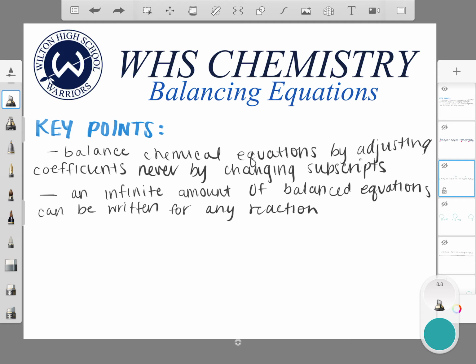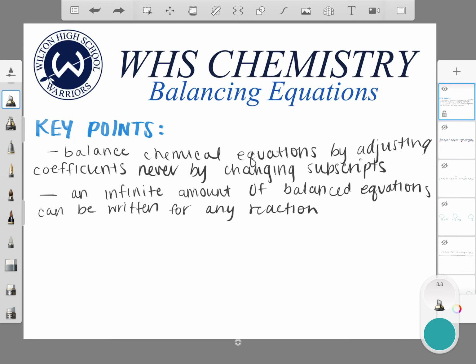The subscripts are only used to make the compounds neutral in the very beginning when you write it out for the first time. And another point is that there are an infinite amount of balanced equations that can be written for any reaction. So there are a lot of different ways you can balance an equation. As long as the atoms on both sides equal, you're good to go.